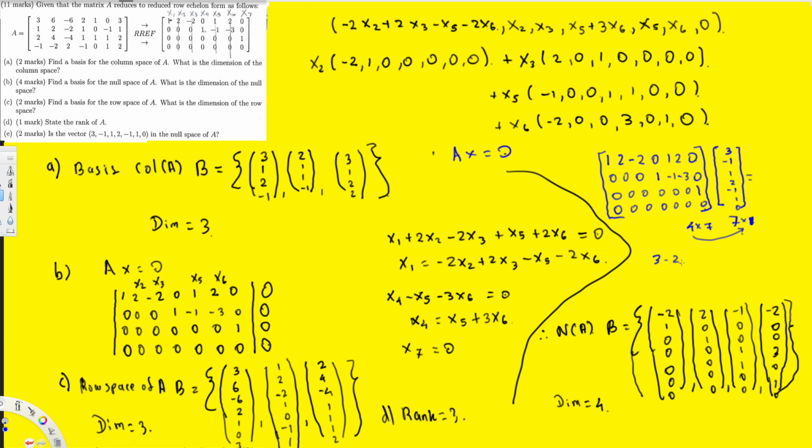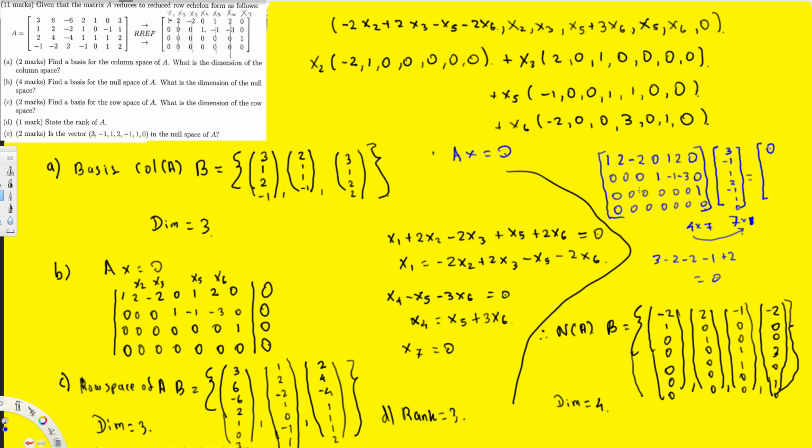Minus 2 times 1 is minus 2. 0 times 2 is 0, we don't have to write this. And 1 times minus 1 is minus 1. 2 times 1 is 2. And the last, 0 times 0 is 0. So let's add this together. 3 minus 2 is 1. 1 minus 2 is minus 1. Minus 1 minus 1 is minus 2. Minus 2 plus 2 is 0. So my first row is 0.